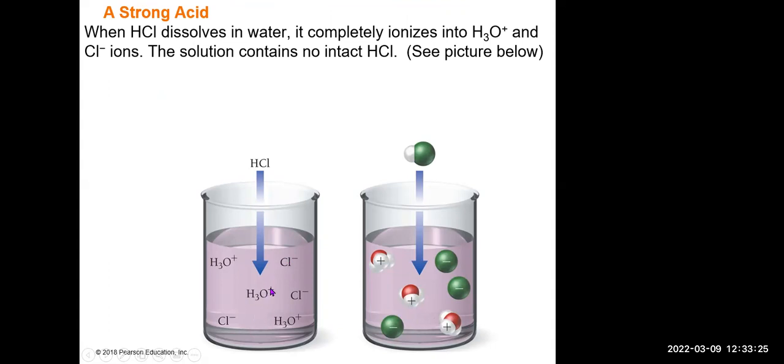See, this picture will tell the complete or incomplete. So the left one is HCl. When HCl dissolves in water, it completely ionizes into H3O+ and Cl- ions. So therefore, we don't see any HCl remaining after it dissolves. Here is the picture.